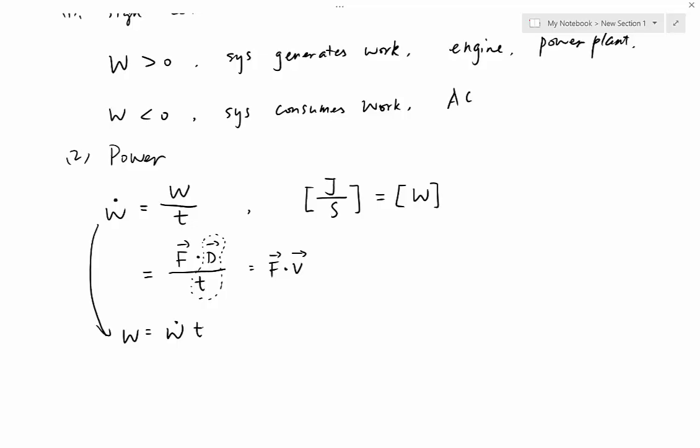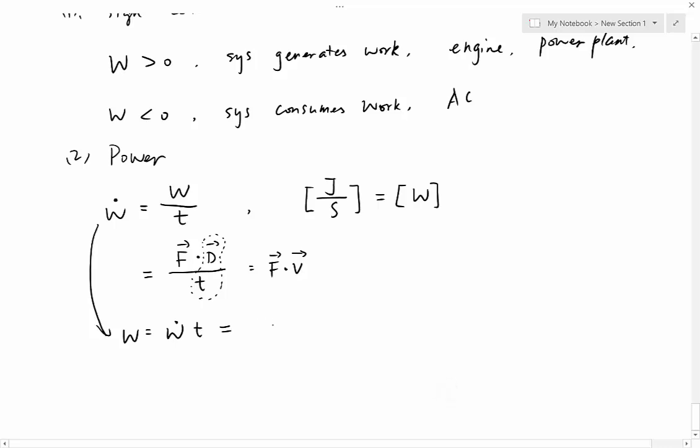However, what if my W dot, the power, is not a constant? If it is not constant, there's no way you can plug in W dot as a number. So there's no way this equation will work. So how do we need to rewrite this equation? It's very straightforward.